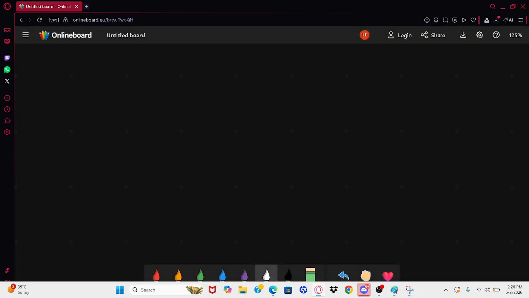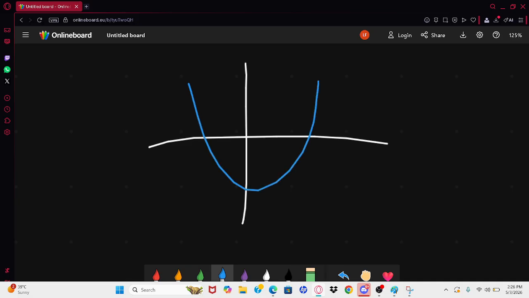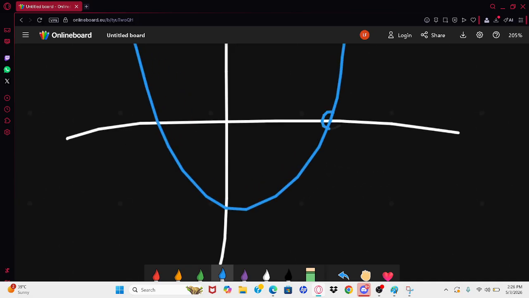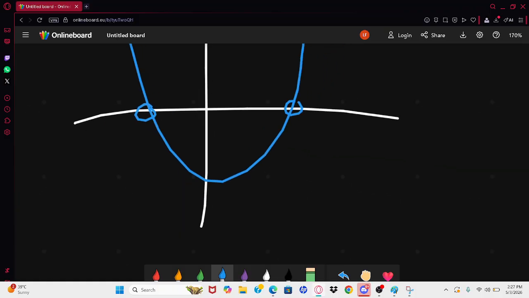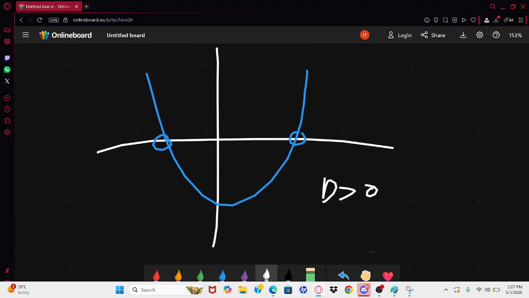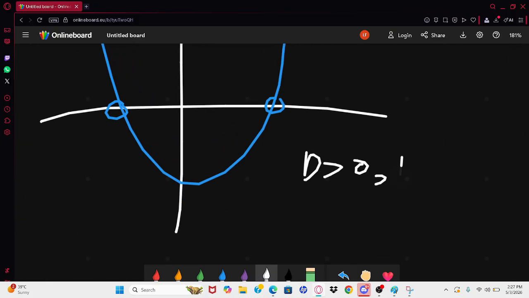And let's say it touches the x-axis at 2 points exactly. That means your discriminant here is greater than 0, which means what? You have two roots, or 2 points where y equals 0.